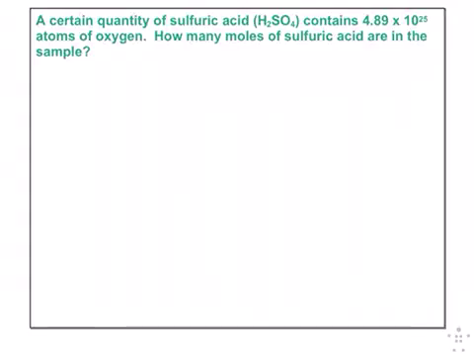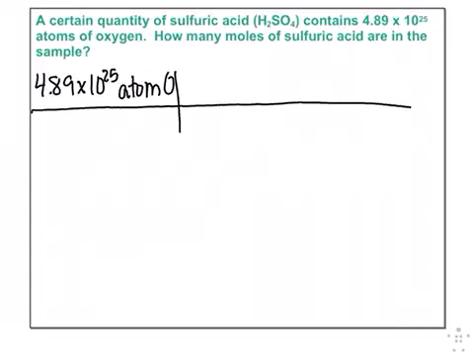Cora? 4.89 times 10 to the 25th atoms of oxygen. Very good. Remember, that's what we start with. So what unit needs to be placed on the bottom? Yep, atoms of oxygen.